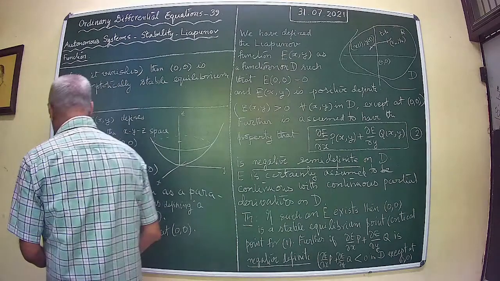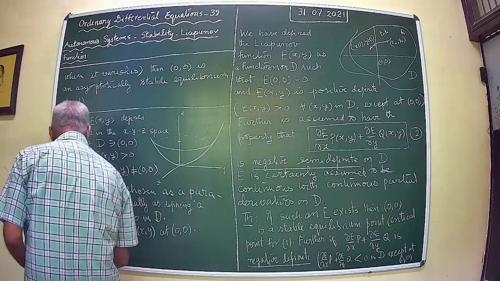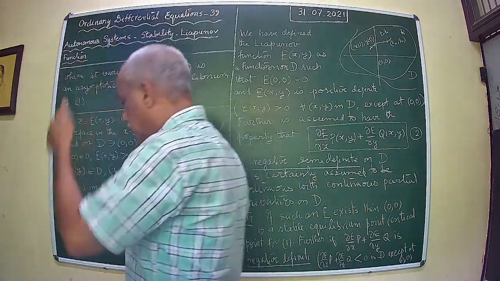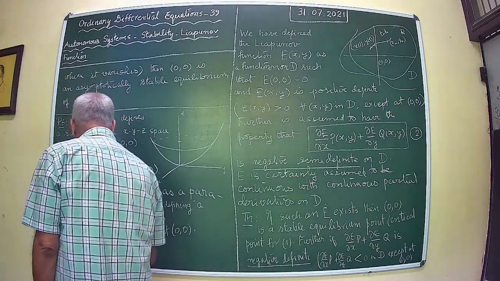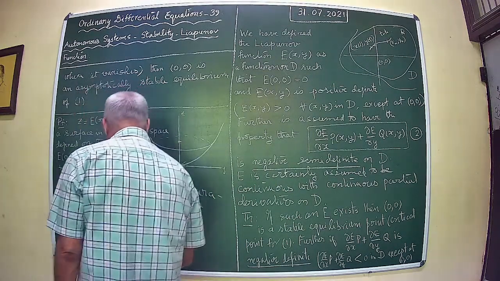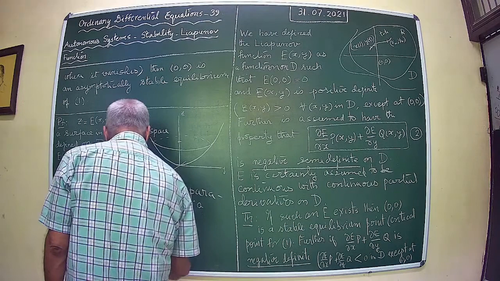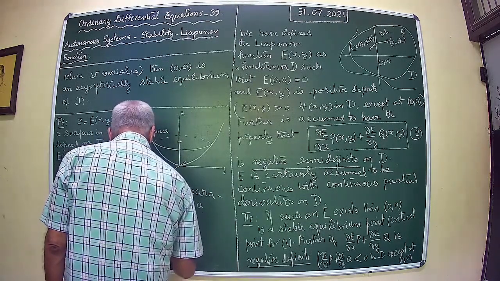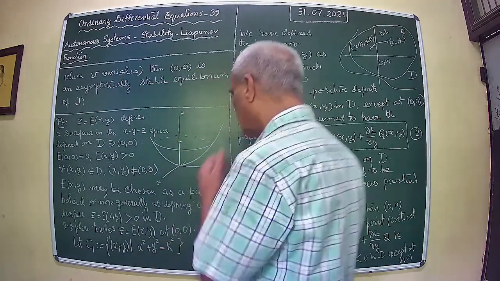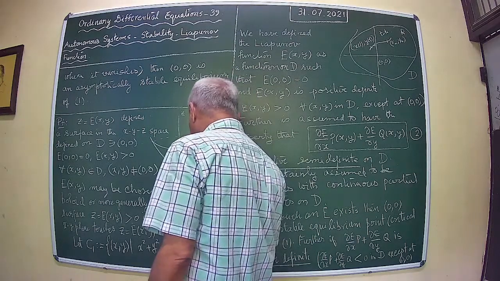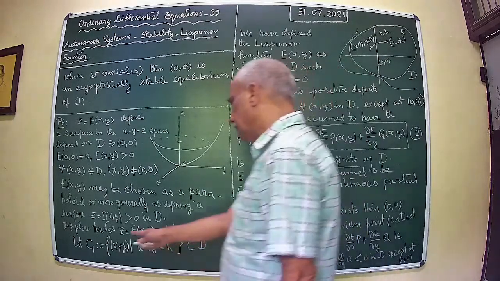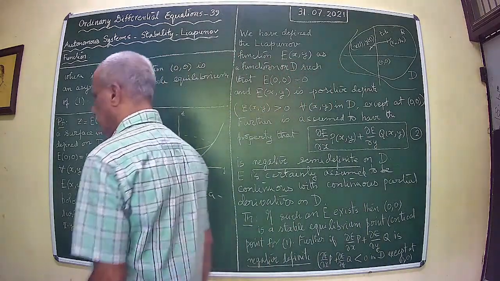So let C1 be a circle of radius r, that is x squared plus y squared equals r squared, contained in D, so that E(x,y) is defined everywhere on C1.